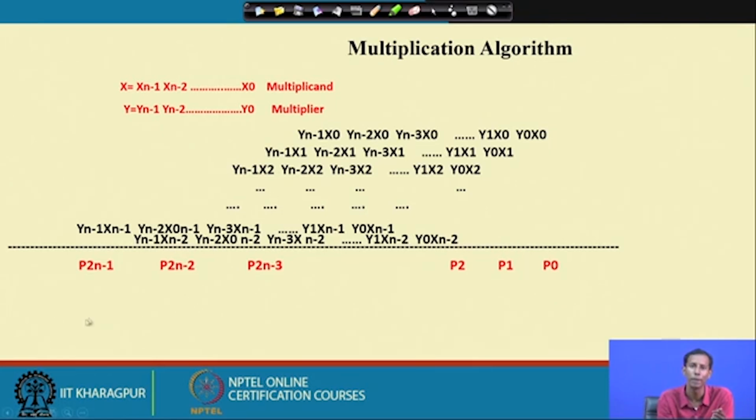That will be the 8th bit. So, whenever we multiply n bits with n bits, the length will be n plus n, which is 2n. Suppose I have x of m bits and y of n bits, then the product length will be m plus n.